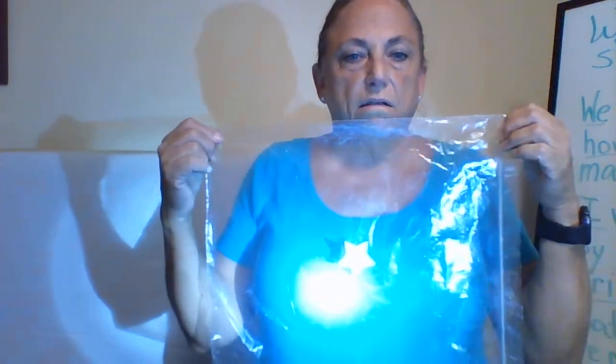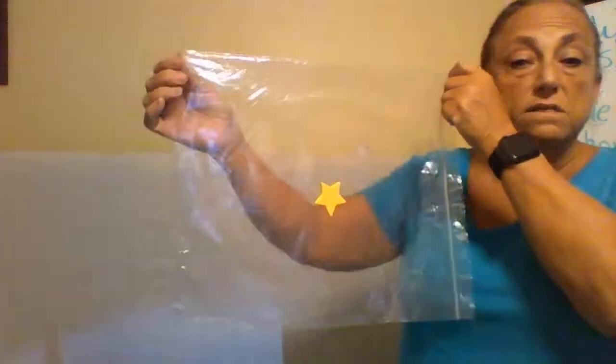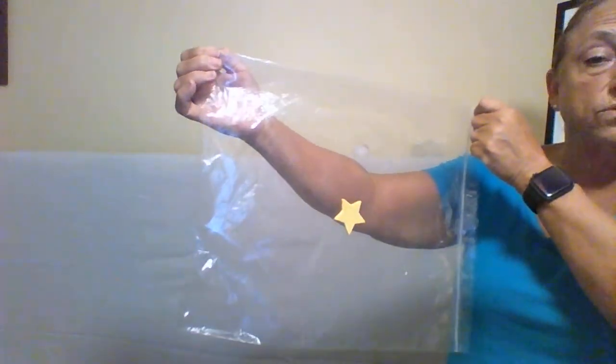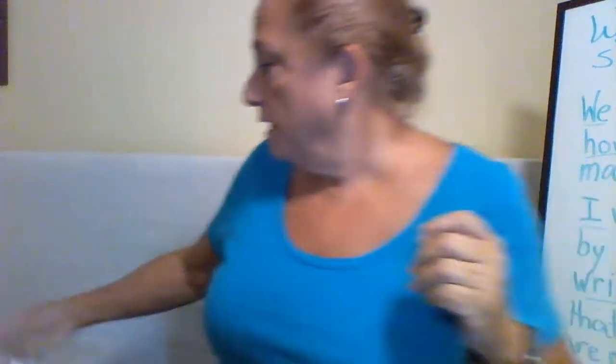Yeah, you see a star. But look, our star is actually on a plastic bag. But we didn't see the plastic bag because the light goes through the plastic bag, but not through the star. So we see a nice shadow from the star because the star is blocking the light.